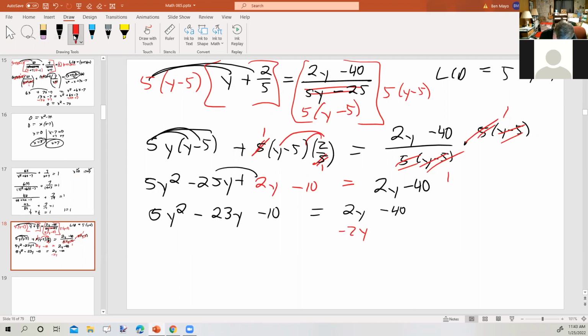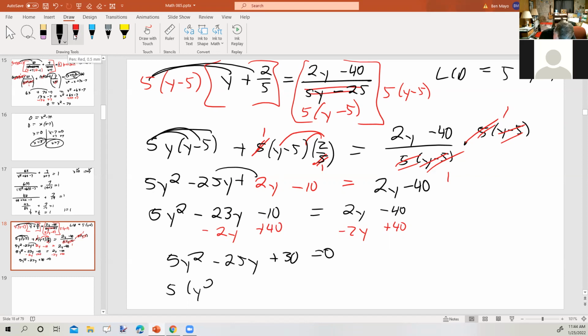Subtract 2y and add 40. We get 5y squared minus 25y plus 30 equals 0. Okay, I can factor out a 5 and get y squared minus 5y plus 6 equals 0.